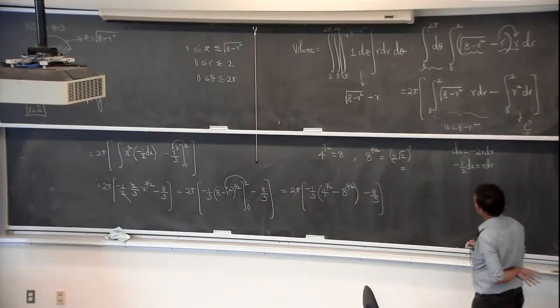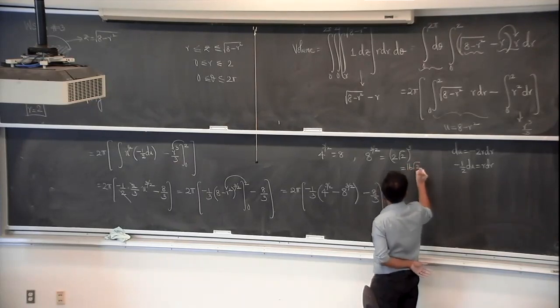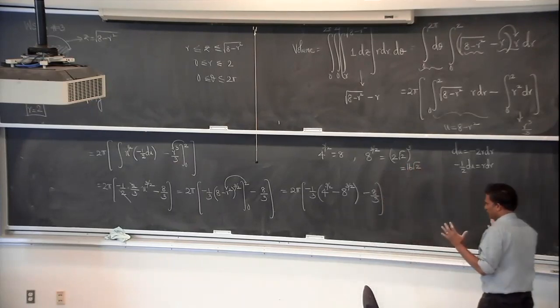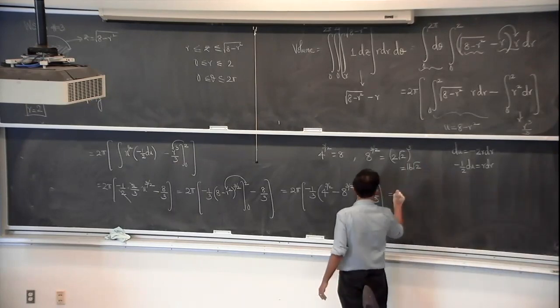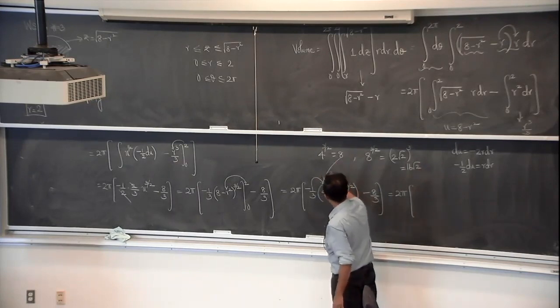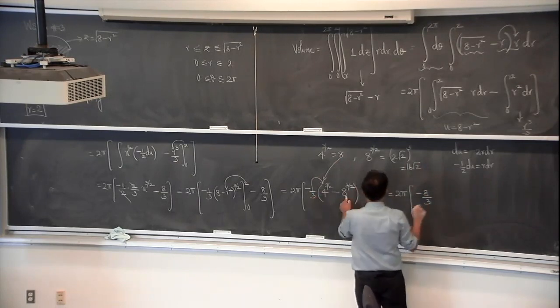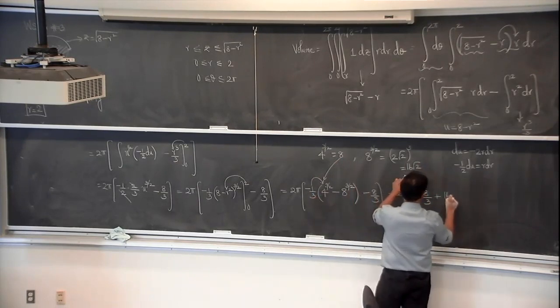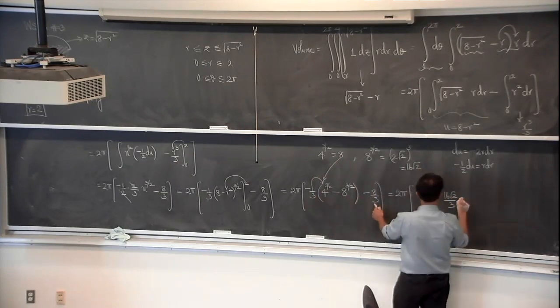And that's going to be 16 root 2. Just to make some sense of the answer and make sure that it's a positive number. So this is 2 pi times, we have a negative 8/3, then you have a positive 16 root 2 over 3, and then you have a minus 8/3.